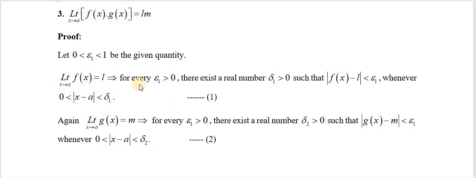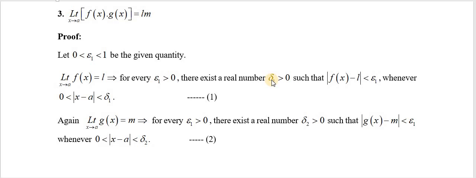So by using the definition of limit of a function, for every epsilon 1 greater than 0, there exists delta 1 greater than 0 such that modulus of f of x minus L is less than epsilon 1, because here we are taking epsilon 1, whenever 0 less than mod x minus a less than delta 1.